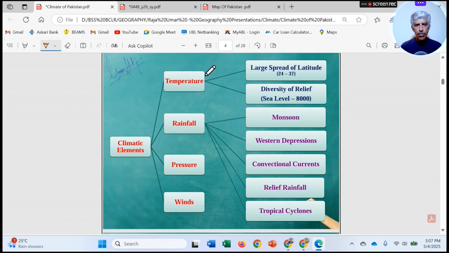Temperature. As we see, there is a large spread of latitude, as Pakistan is from 24 degree north to 37 degree north, right from north to south. I'm going to draw the map of Pakistan.